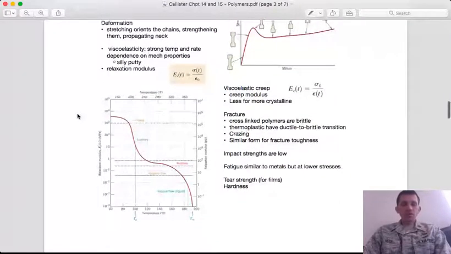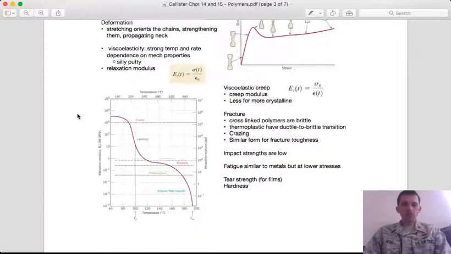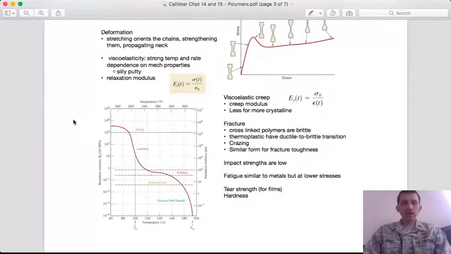Mechanically, we also see some new interesting behavior in polymer systems that we haven't really seen before, and that is a pronounced time dependence on stress and strain, in the sense that we have a new property we refer to as viscoelasticity, which itself has a strong temperature and rate dependence.